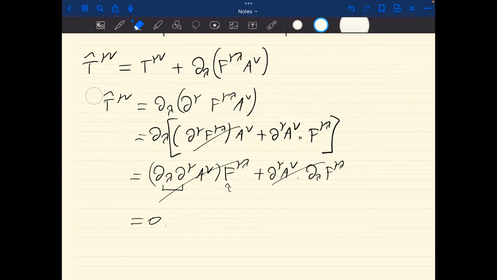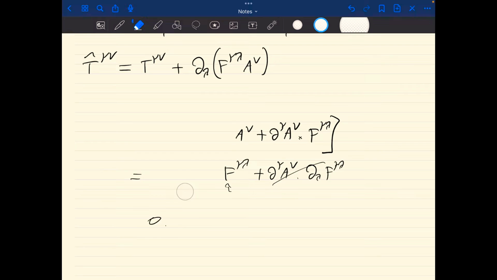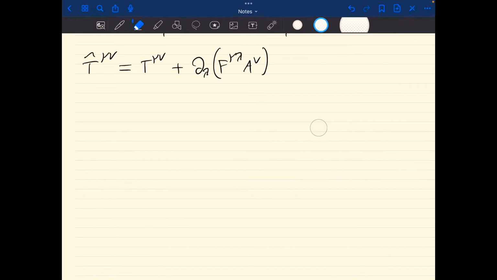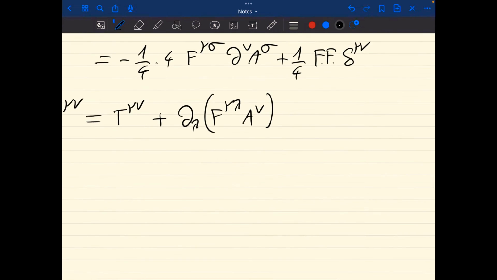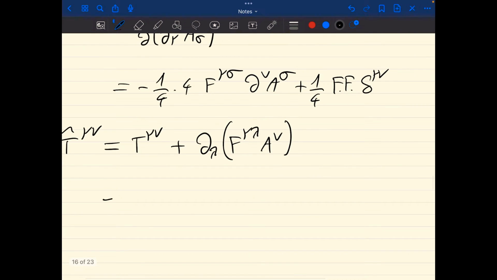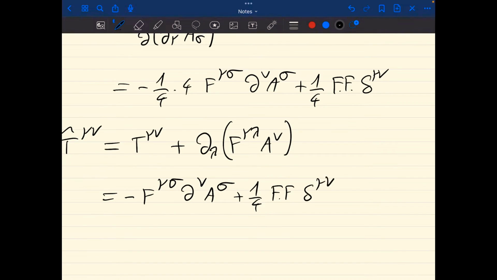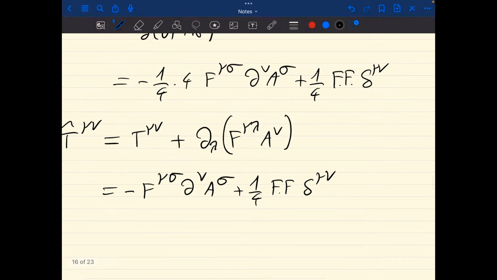So let's compute explicitly T hat mu nu now. Let's get rid of these parts. So, okay, so that's just what we have before: minus F mu sigma A sigma plus 1/4 F F, F mu nu, plus this new term here.